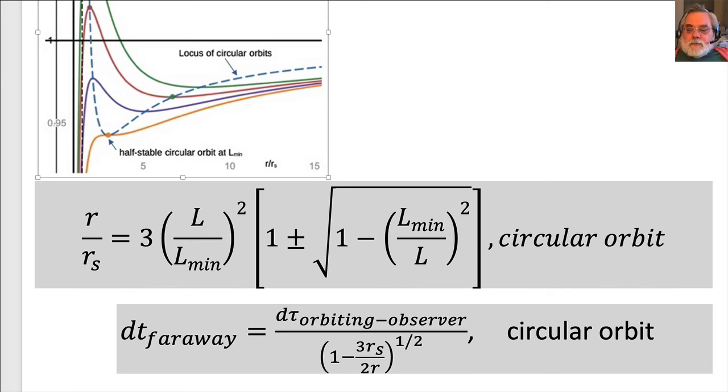The innermost stable circular orbit for the non-rotating black hole is at 3 Schwarzschild radii here. And when we plug that in here, we get a time dilation of 1.4. That's not very exciting in terms of science fiction.